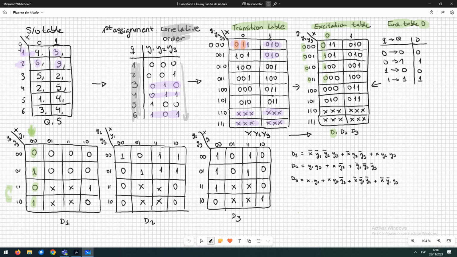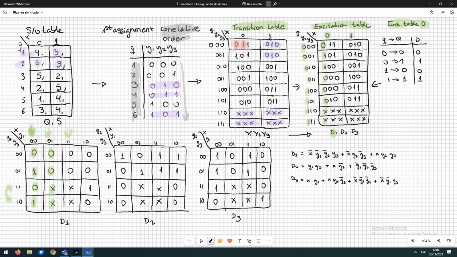In the second column, X is 0 and Y1 is 1. X is 0 in the same column, but Y1 is 1 here in the following rows. So the value of D1 in those cases is 0, 0, X, X. So I fill the Karnaugh map 0, 0, X, X. In the case in which X and Y1 are both 1, we are here.